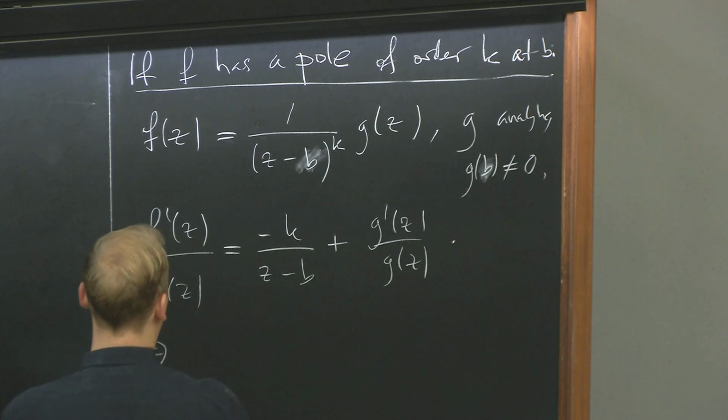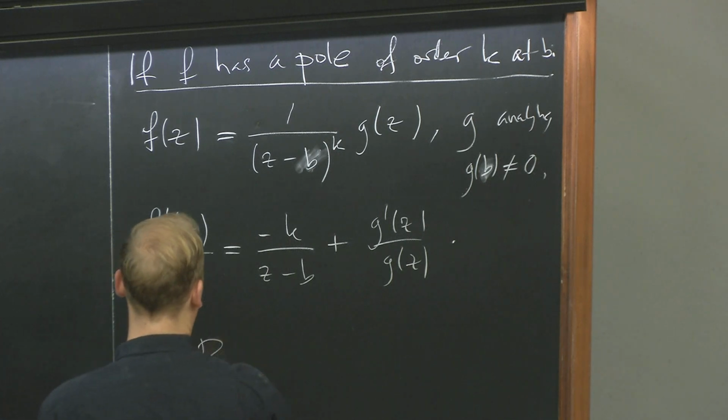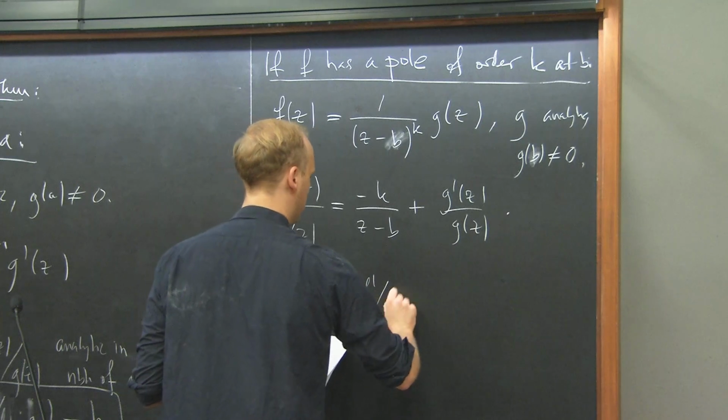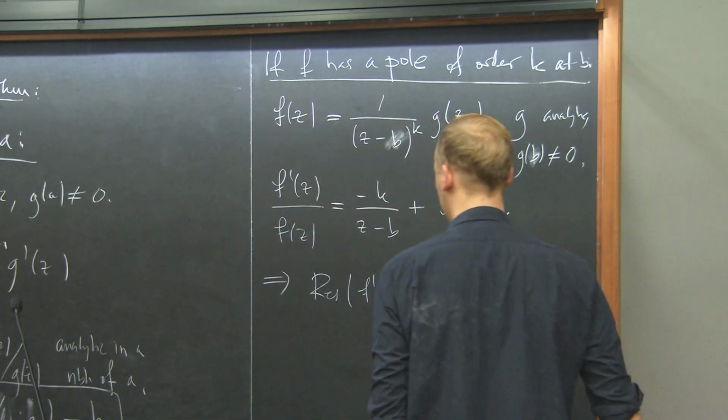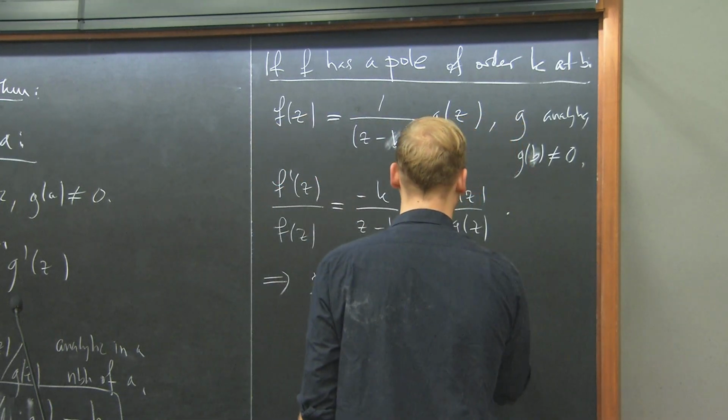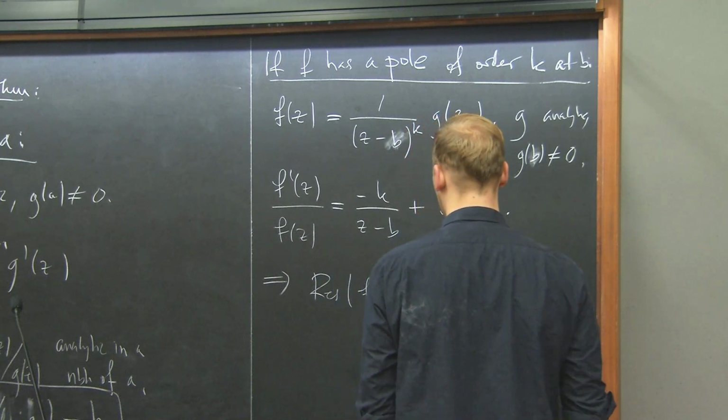And this will imply, as before, that the residue of f prime over f, but now at this point b, where we had a pole, will be minus k.